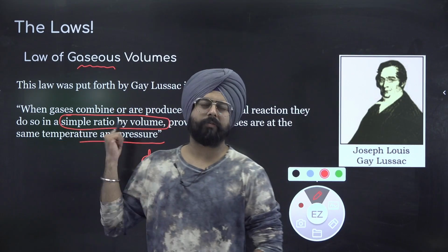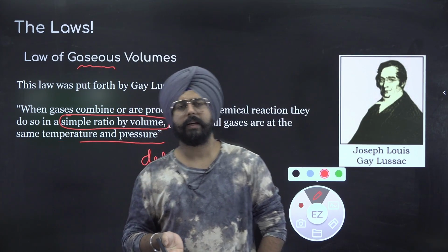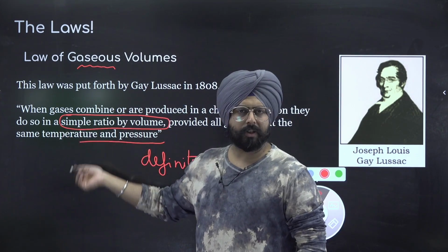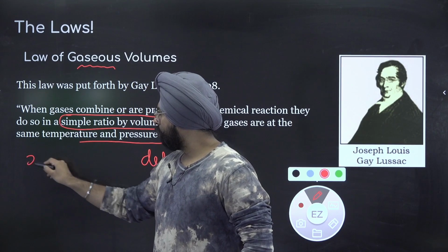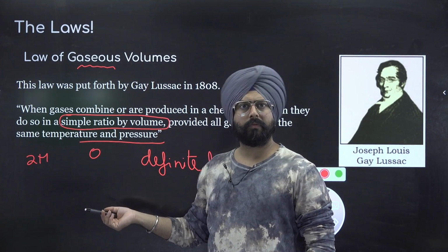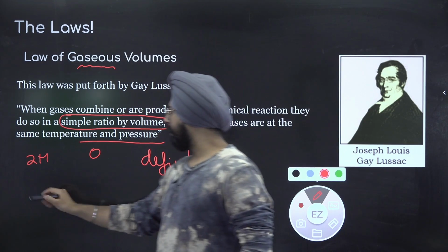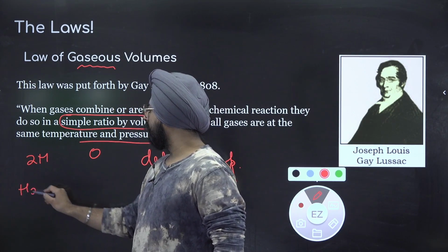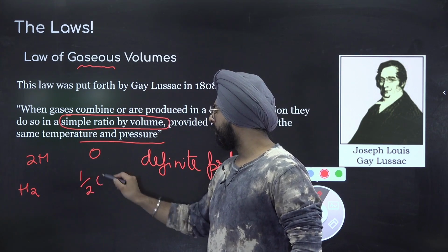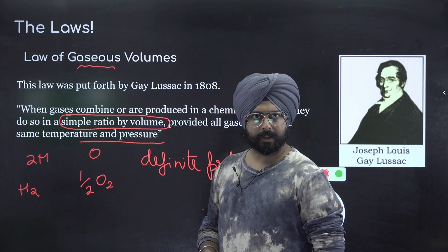Later on, after this thing had happened, people realized that molecules are proportional to volume. Essentially, when hydrogen and oxygen combine, let's say 2 atoms of hydrogen are combining with 1 atom of oxygen, isn't it? Or you can also think of it as one molecule of hydrogen gas is combining with half a molecule of O2 gas.